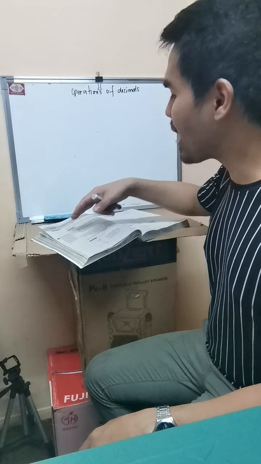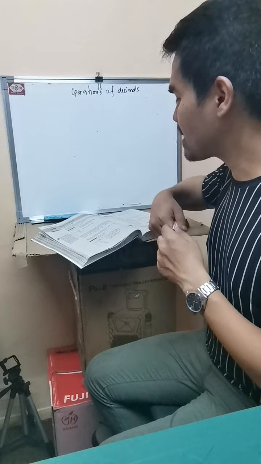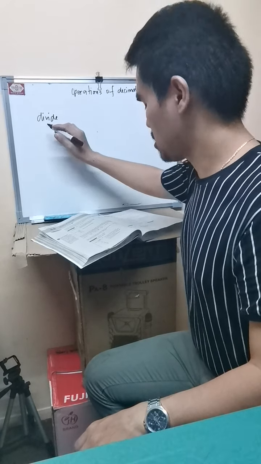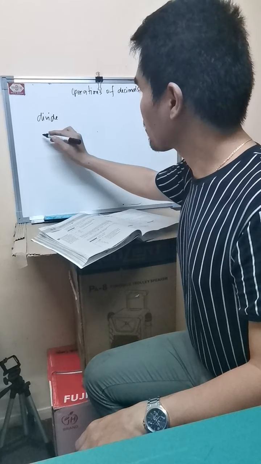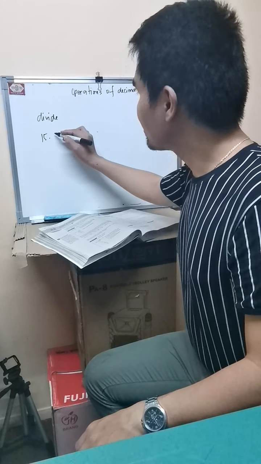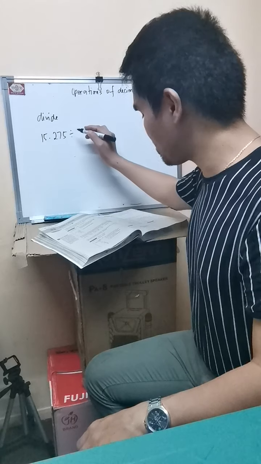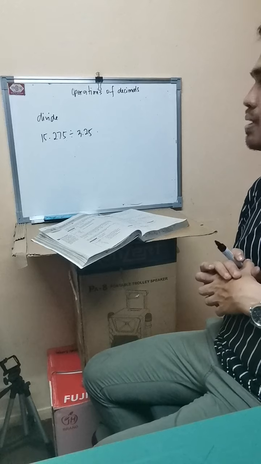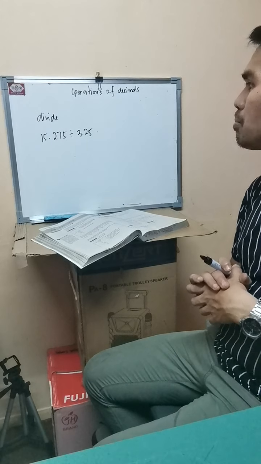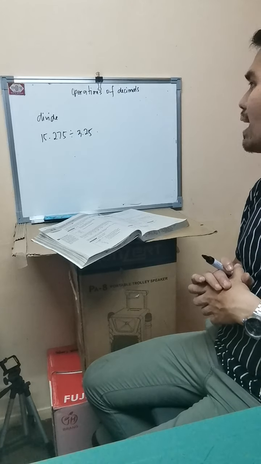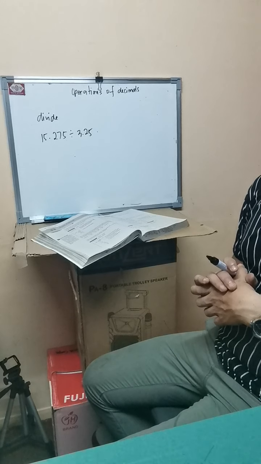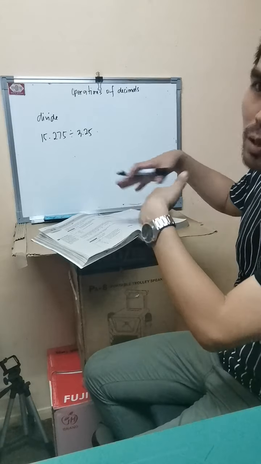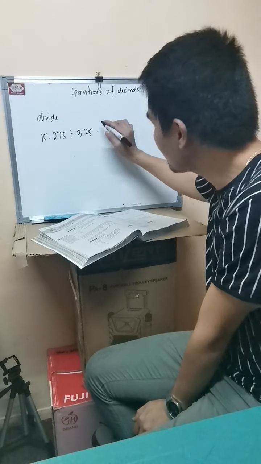For dividing, let's say for example, we are asked to divide 15.275 by 3.25. So what we're going to do first is show this with our division notation.